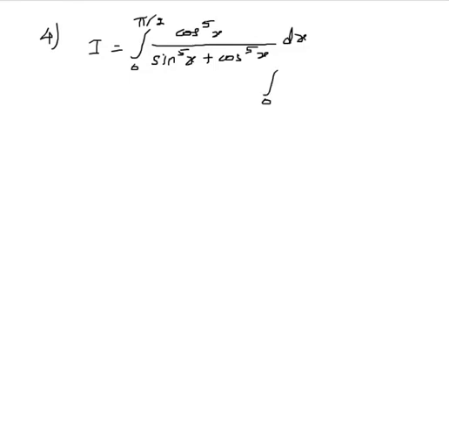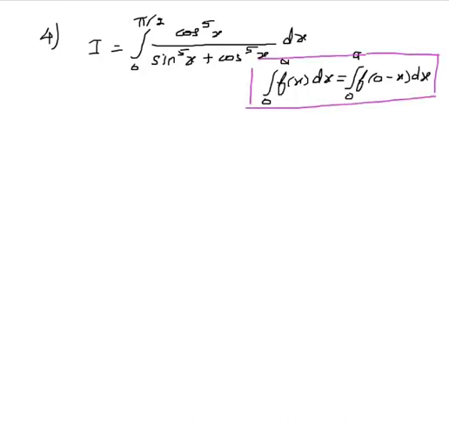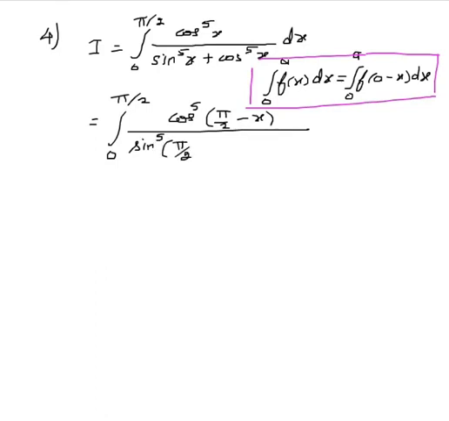We will use the property integral 0 to a of f of x dx equals integral 0 to a of f of a minus x dx. A is pi by 2 here.